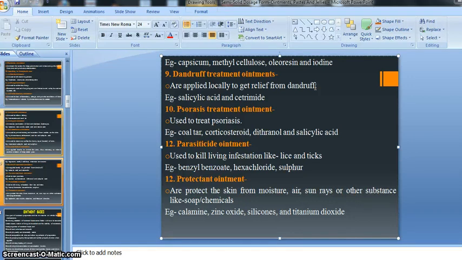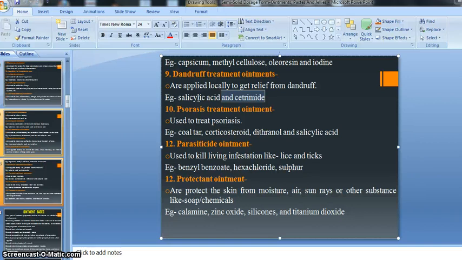Dandruff is nothing but the dry skin or dead skin of our head. Salicylic acid and cetrimide act as anti-dandruff agents, and we can dispense this preparation as an ointment dosage form or a shampoo dosage form.